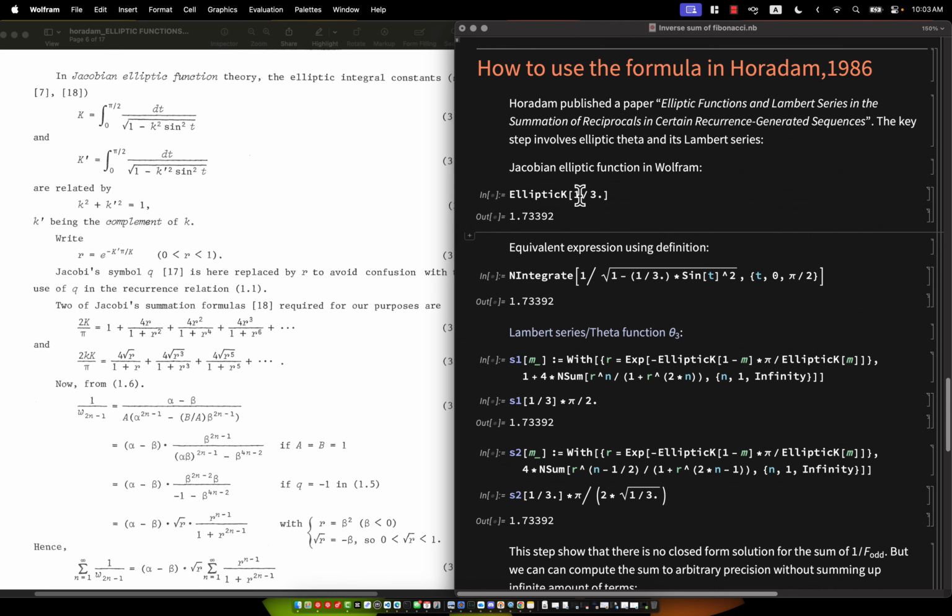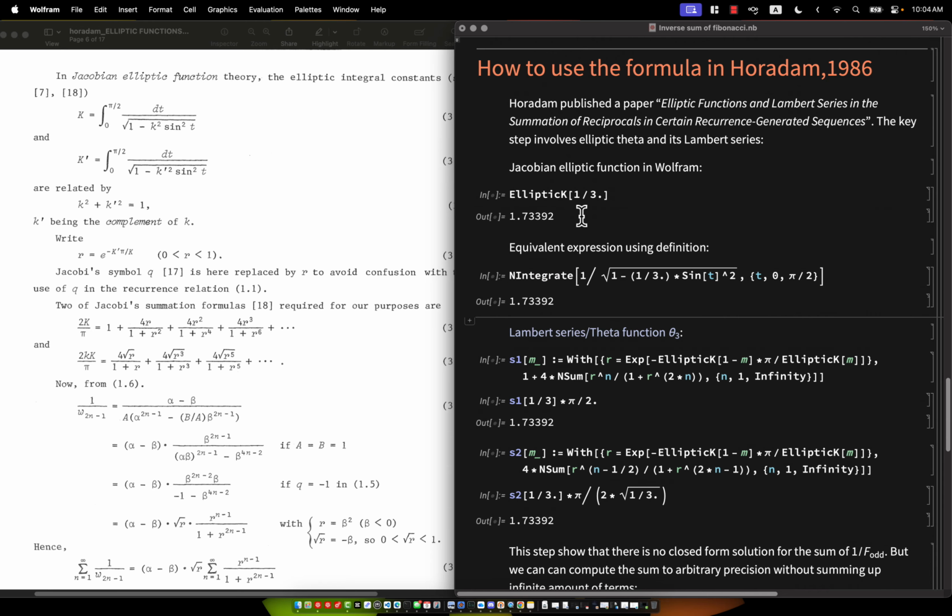Let's check those two are the same. It's elliptic K. You plug in 1/3, and I put a dot here to make it a floating number, otherwise it will hold. And for integration, it's 1 over this guy, and just remember we use 1/3 as k squared instead of k.